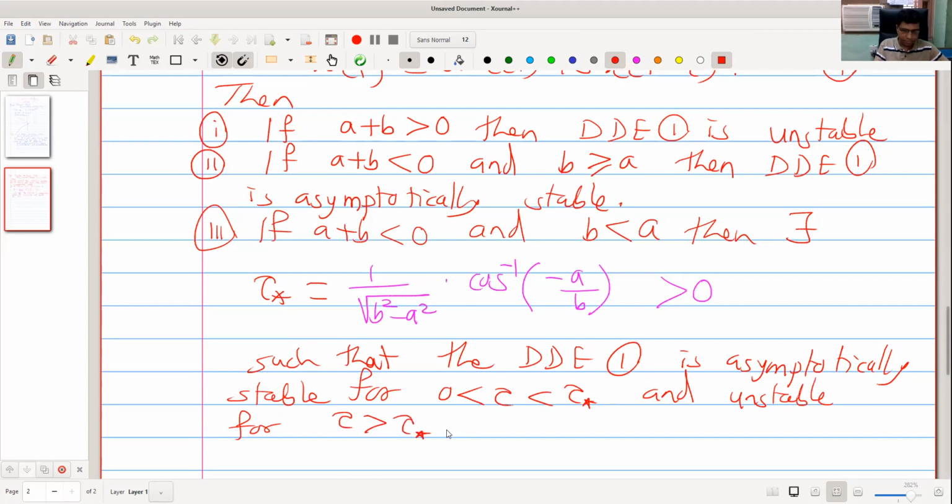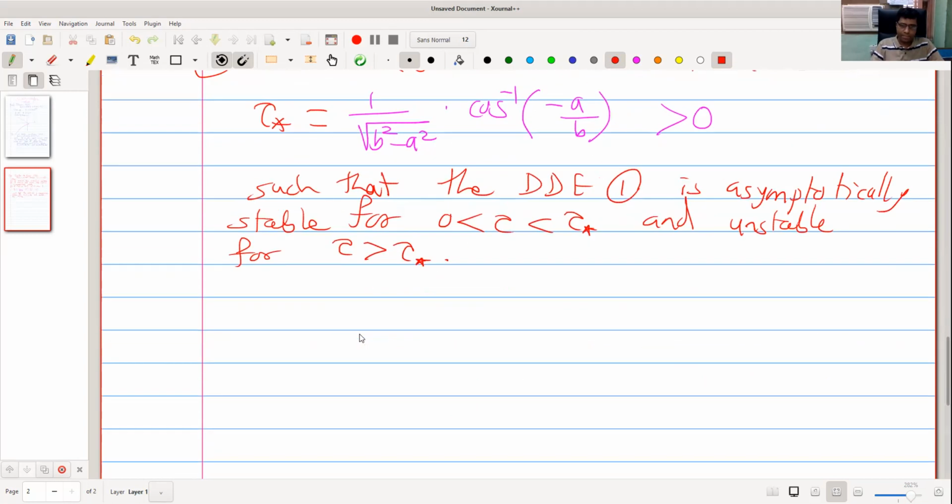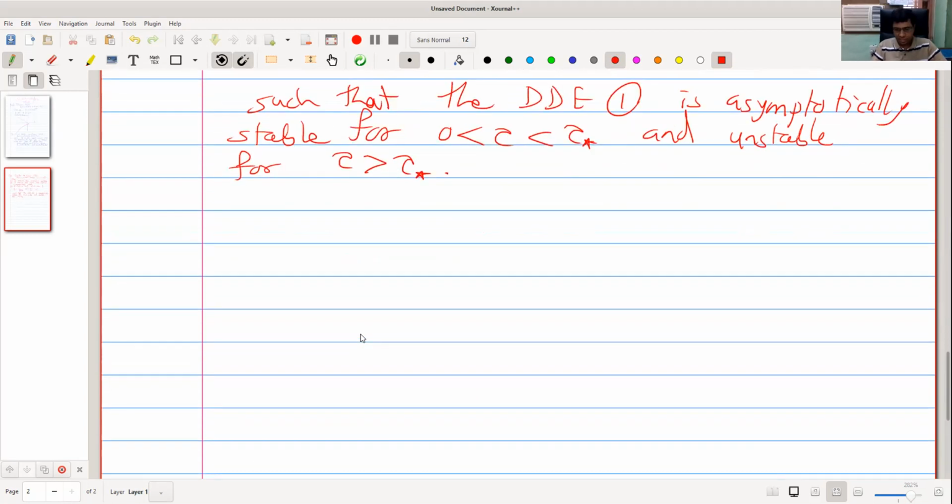Okay. So this is called the delay dependent stability region. Okay. So stability depends on delay. Okay. So the second case was the stability region which was independent of delay. Third is the delay dependent stability region. Okay. So if we sketch this, then it will look like this.